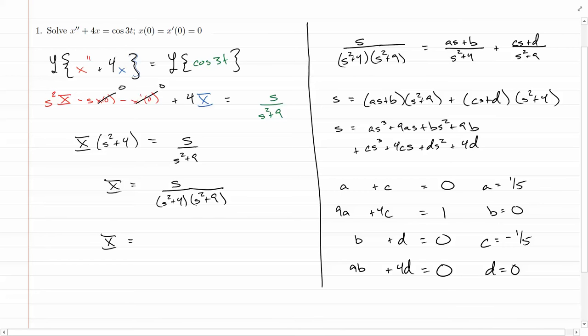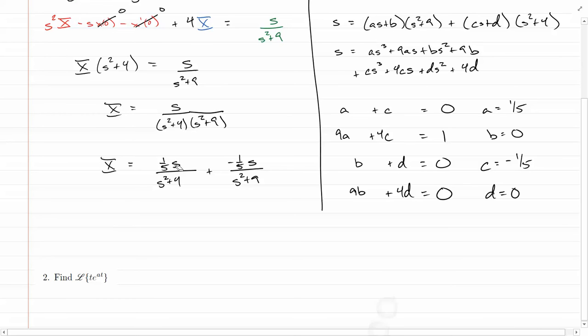So really the right hand side splits up. It's going to be 1/5 s over s squared plus 4 plus negative 1/5 s over s squared plus 9.